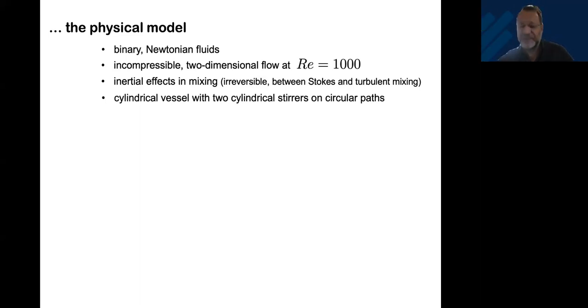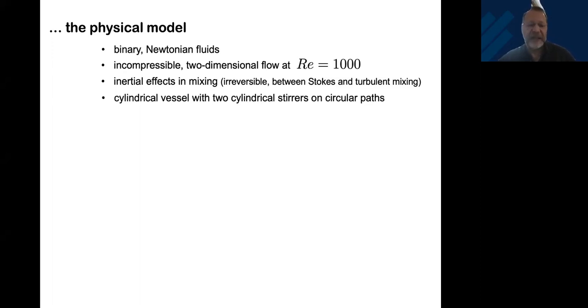And the adjoint-based optimization is losing its efficiency in a sense. I'm going to say a little bit more about that later. So the Reynolds number of 1000 puts us exactly in between that Stokes regime. We have to care about inertial effects, but the Reynolds number is not big enough for turbulent effects to come in. We also use a cylindrical vessel with two cylindrical stirrers on circular paths.